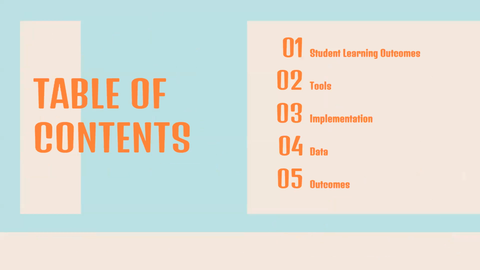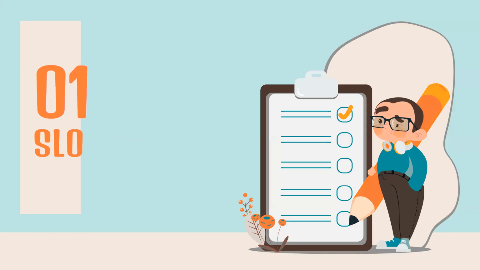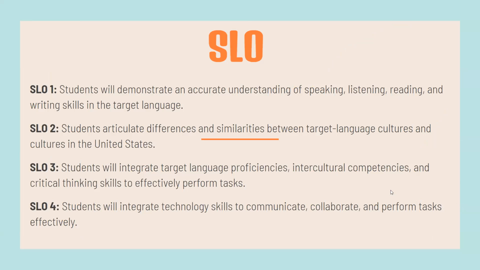And so what I did is that I wanted to focus on my SLOs. I wanted to focus on: students will be able to demonstrate an accurate understanding of speaking, listening, reading, and writing skills in the target language.